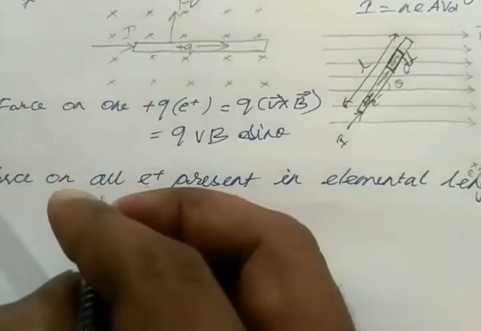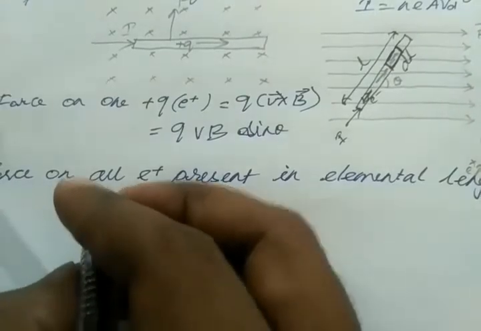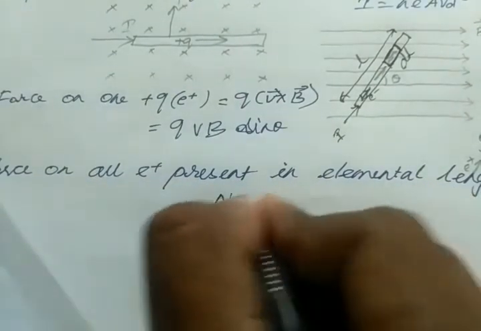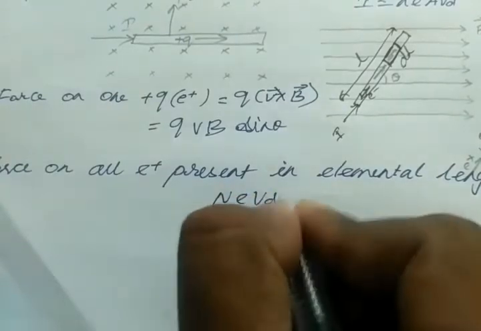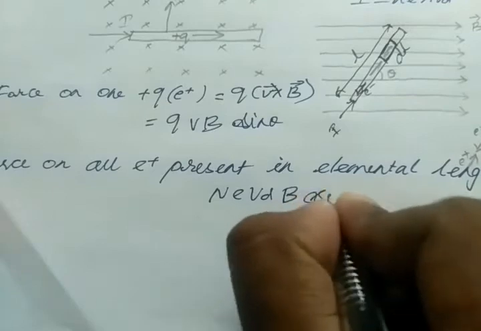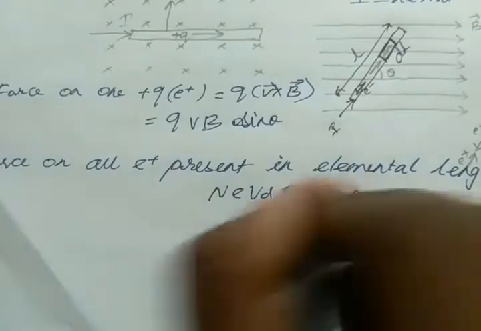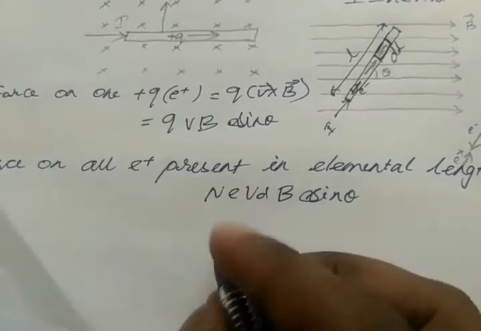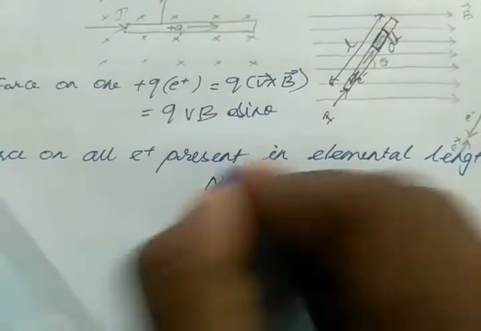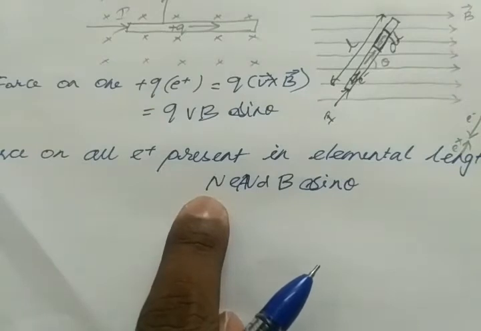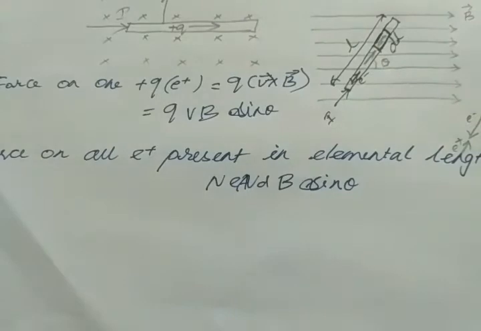So we can take n e v_d B sin theta. I missed a letter here, N e v_d. Yeah, N e v_d. So what is N here? N means the number of charges present in the small elemental length.